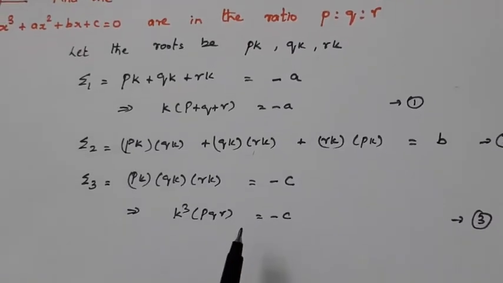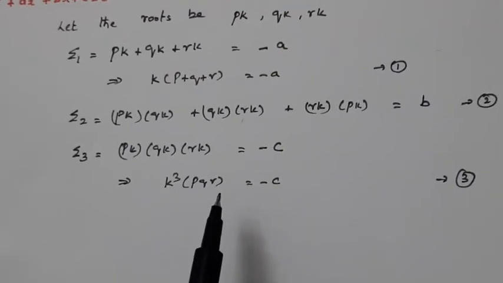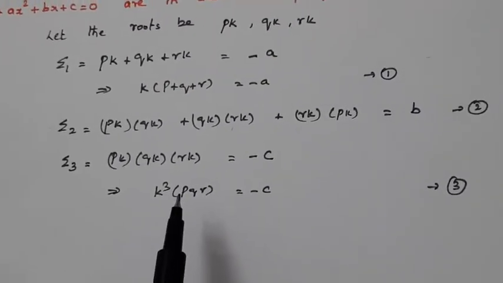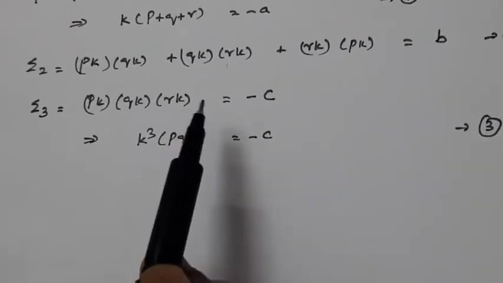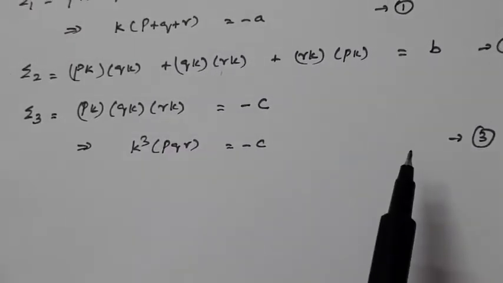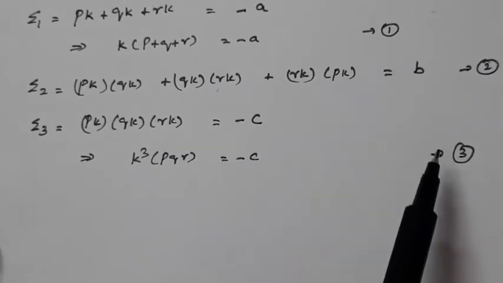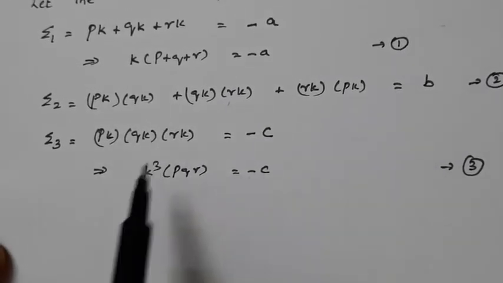So, from these equations you are going to get a condition. k is the value we have assumed, so let us eliminate k from the equations. It is easy if we take the first equation and the third equation to eliminate k.